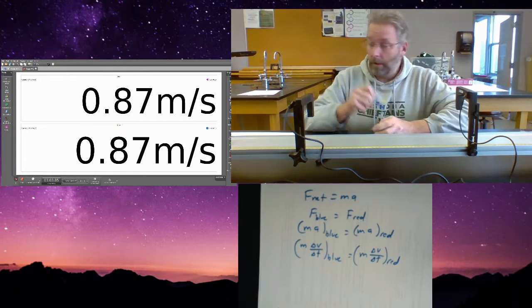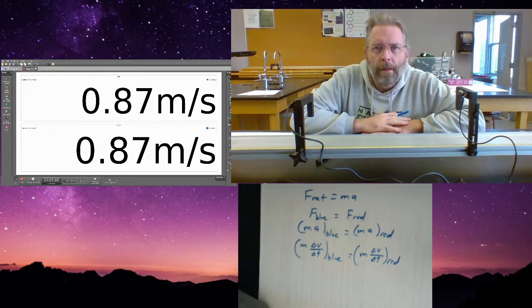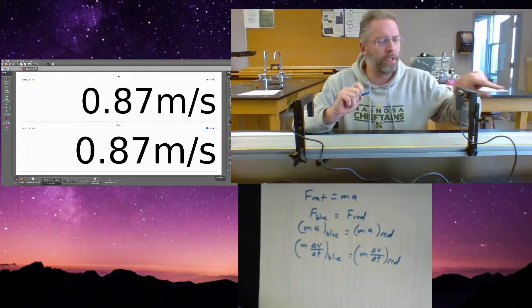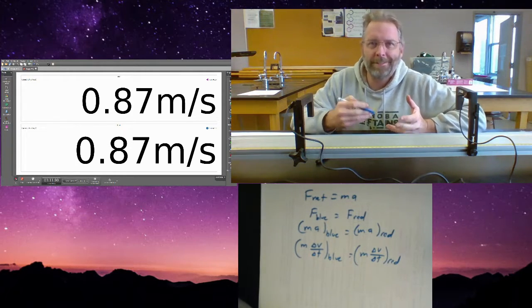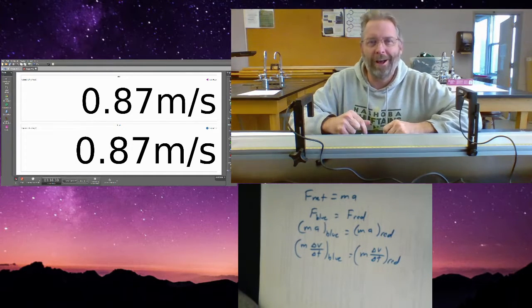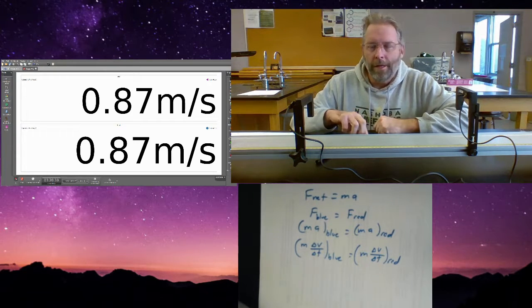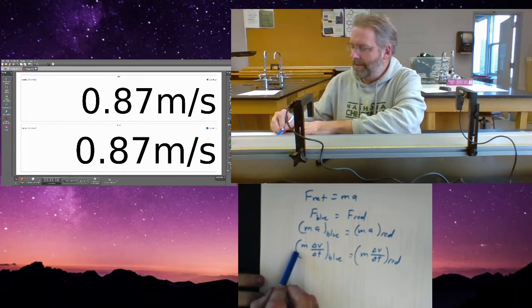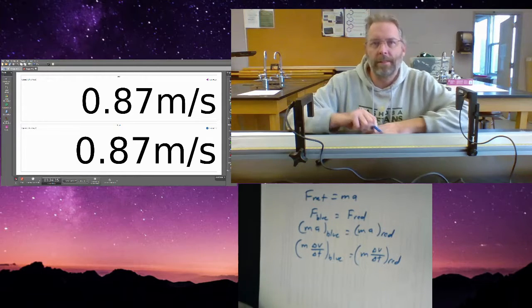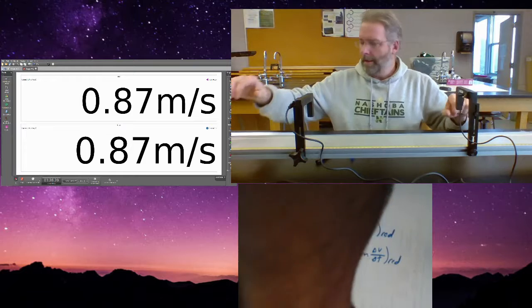My masses are the same. What about time? The time that the blue car pushes on the red car has got to be the same as the time that the red car pushes on the blue car. You can't have one push the other for a longer amount of time. They're pushing each other. So when my masses are the same, then the velocities must be the same. And that's exactly what we saw.